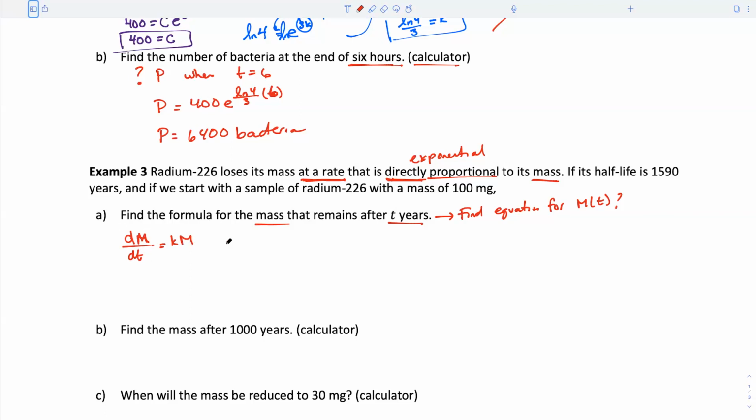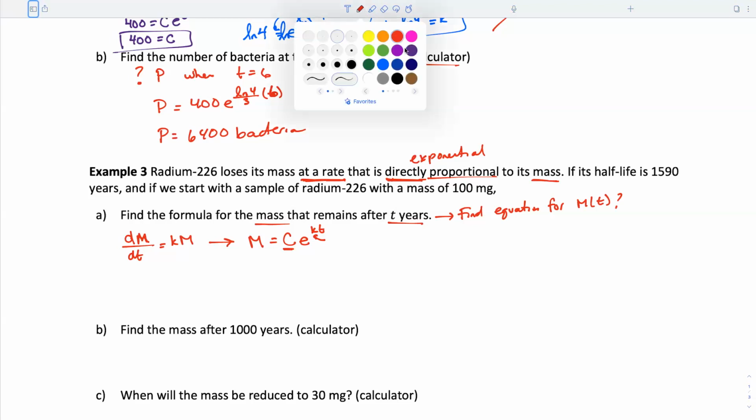And knowing that this is exponential, I don't need to solve this differential equation again, but I know that the function will be in the form of m equals c e to the kt. So now I need to figure out what is c and what is k.